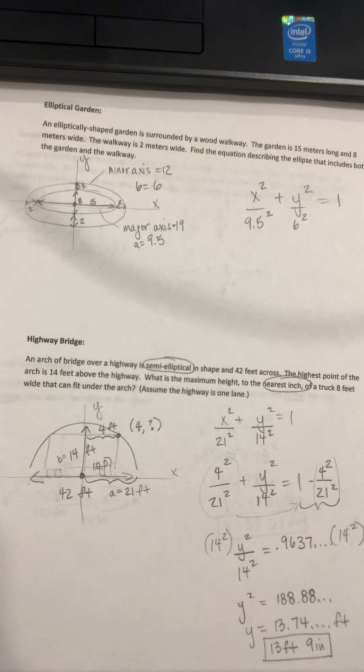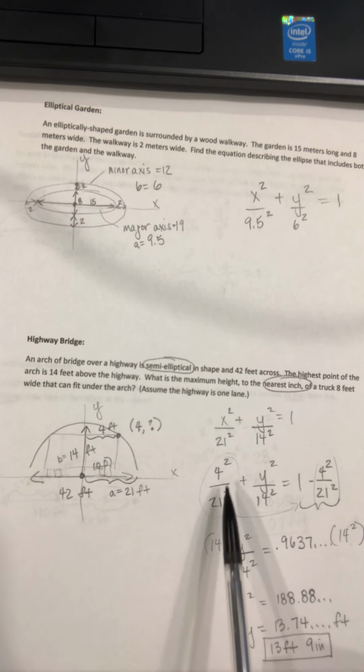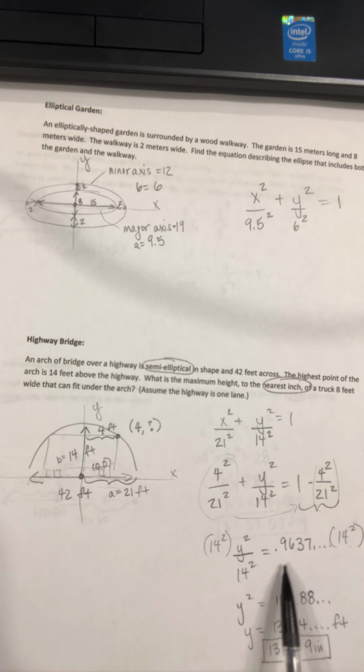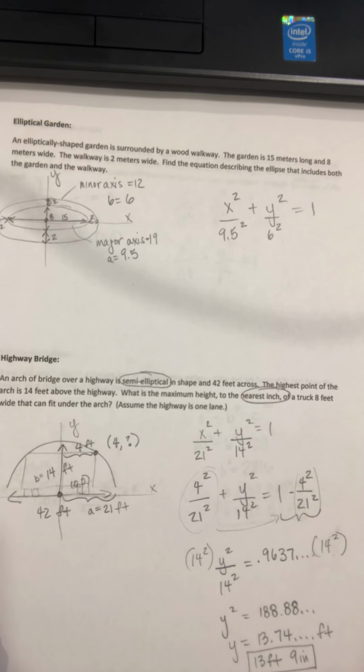Do not round at all at any point though, okay? So bring that guy over, right? Then you have y squared over 14 squared equals the decimal multiplied by 14 squared. That should become a larger number because then you'll square root and then you'll get 13.74, which is 13 feet 9 inches, okay?